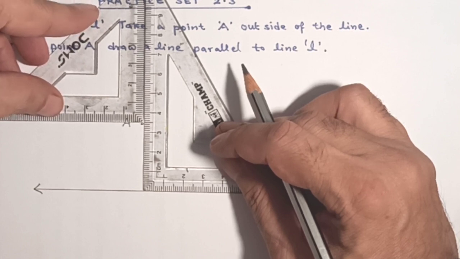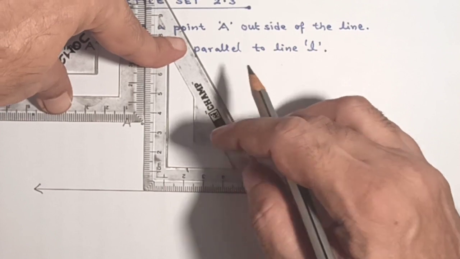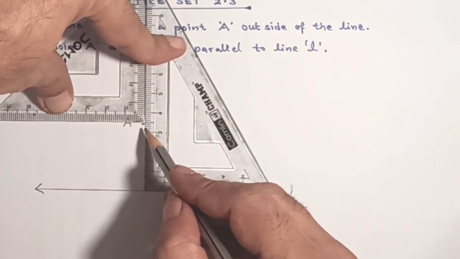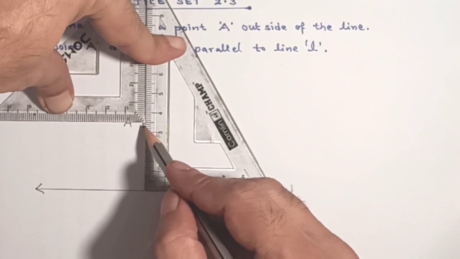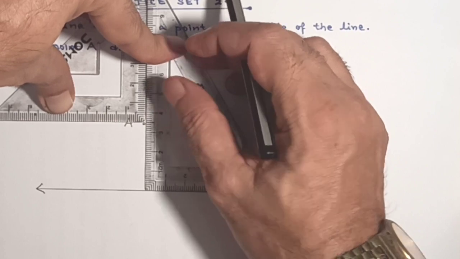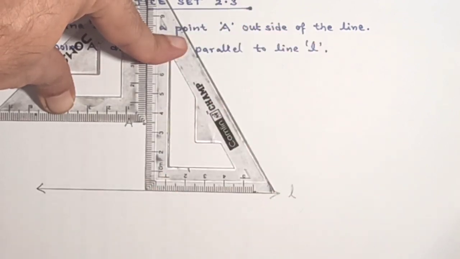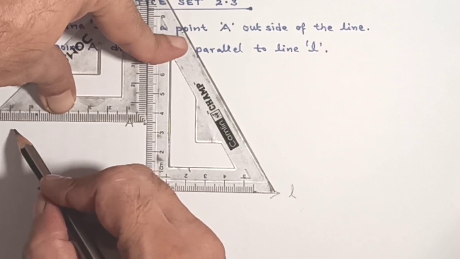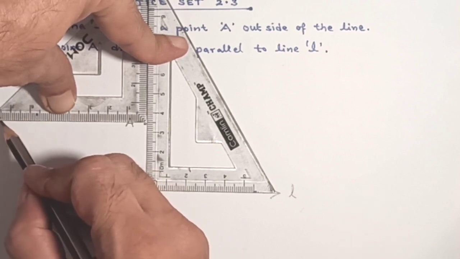Hold them in such a way that set square number 2 is very close to point A, and then draw a line along the edge of set square number 2.